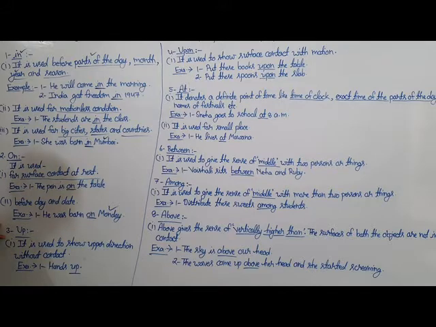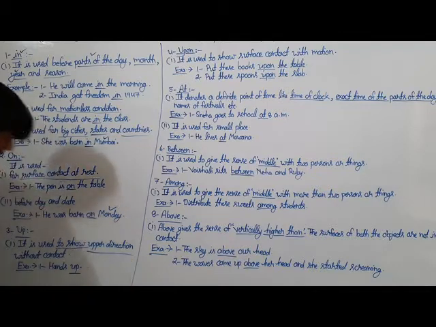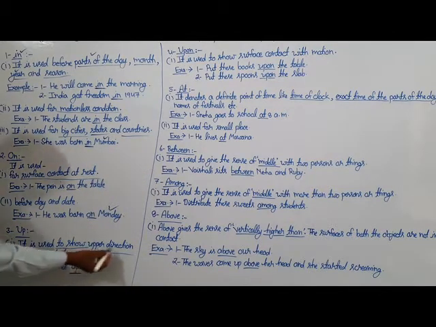And here is the next preposition, and that is up. So what is the use of up? It is used to show the upper direction. Up is the preposition which is used to show the upper direction in the sentence, without contact.